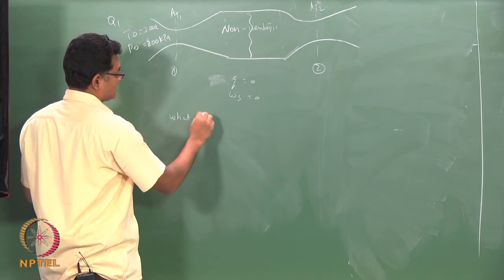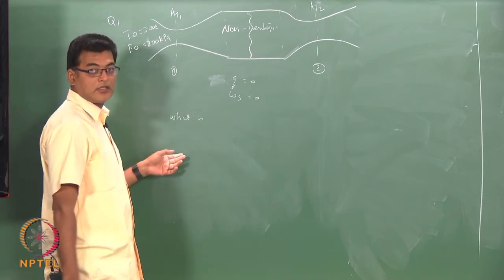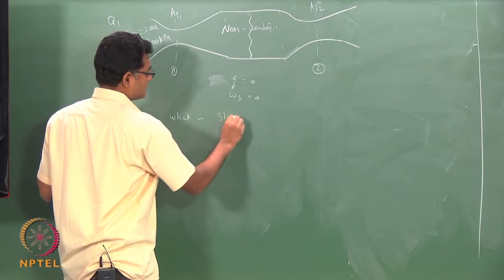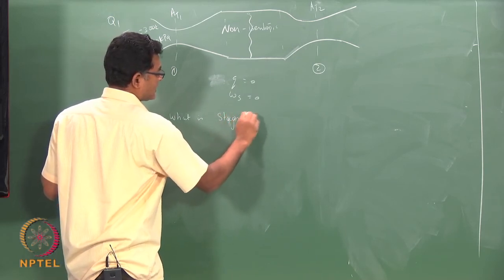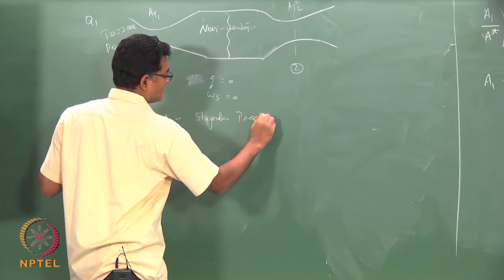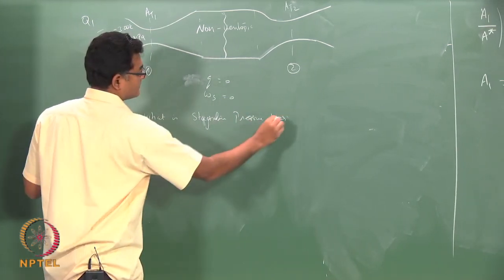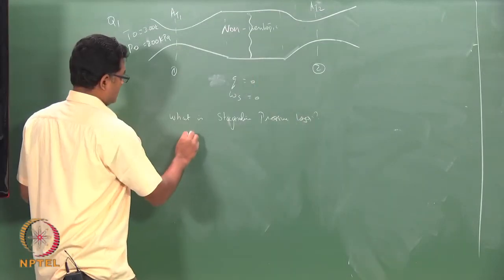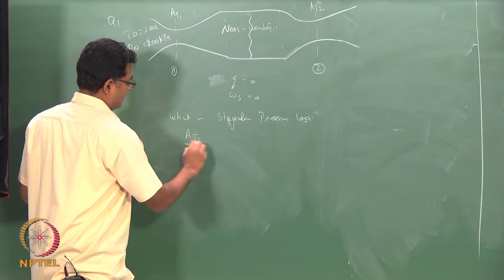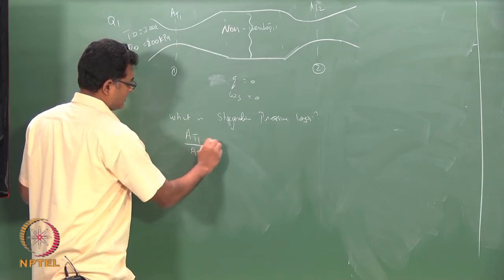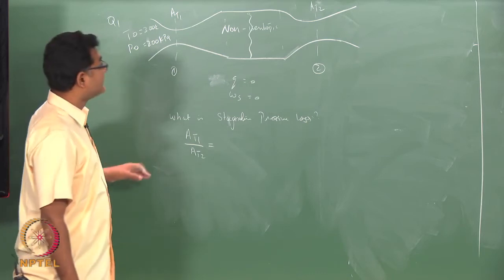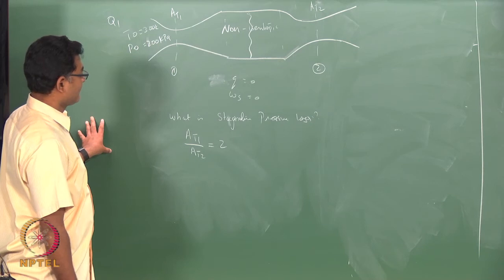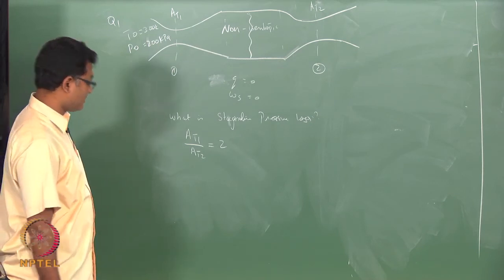So, what is the stagnation pressure loss? AT1 by AT2 is given as 2. So, what is the stagnation pressure loss?